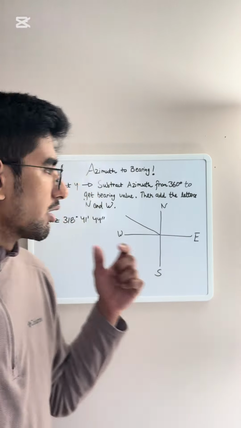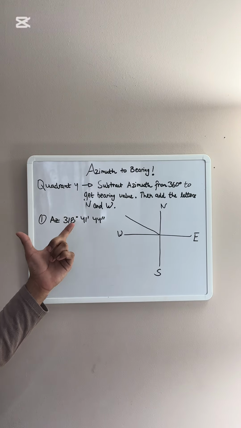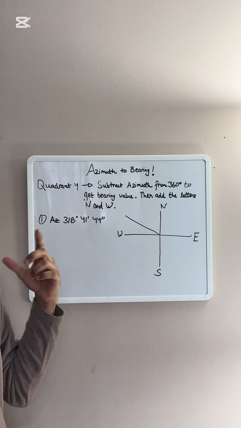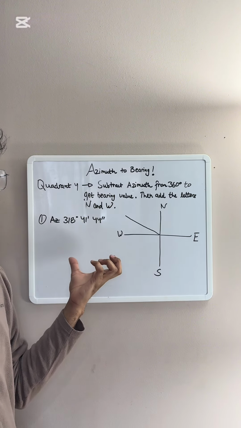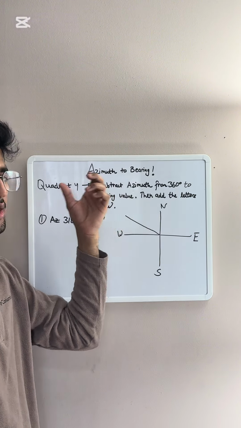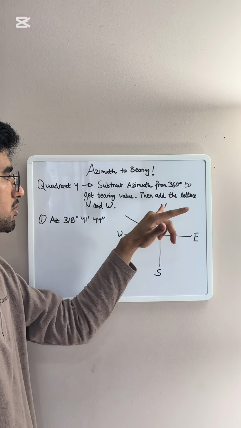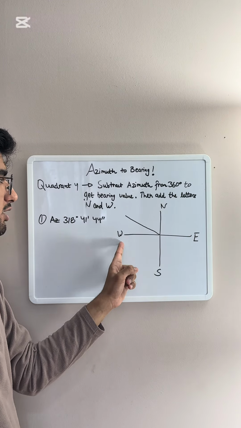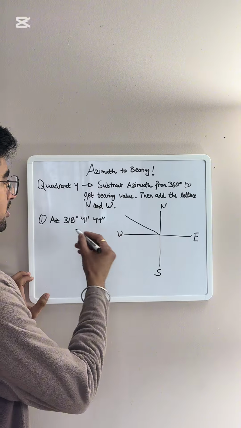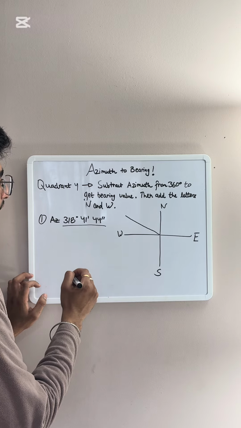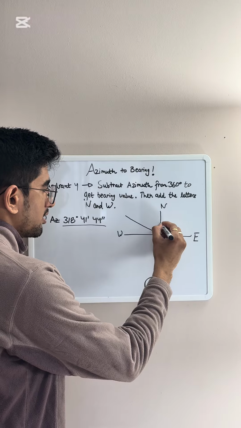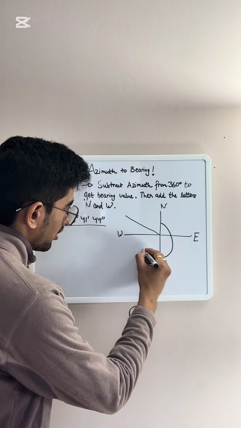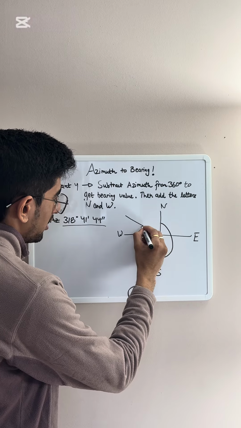Here we will look at when the line is in quadrant 4. Whenever the line is in quadrant 4, we subtract the given azimuth from 360 degrees to get the bearing value, and we put the letters north and west. I will show you how. In the given question, it's 318 degrees 41 minutes 44 seconds. That's the azimuth, and azimuths are always referenced from the north, so we have this angle.